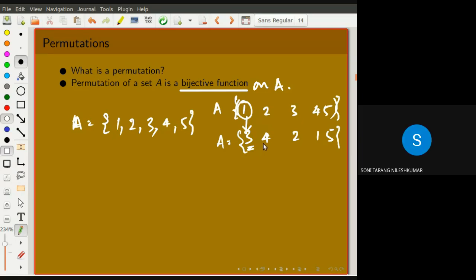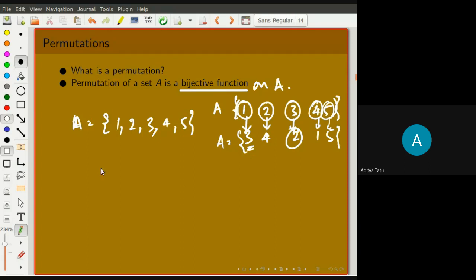So I still stand by the statement that in a set the order doesn't matter, but the order is something that you want to capture. That exactly is a permutation, isn't it? Yes, sir. So how do I capture that order? Whatever was originally in the first place now goes to the third place. Whatever was originally in the second place goes to the fourth. Third goes to the second. Fourth goes to the first. Fifth stays as it is.